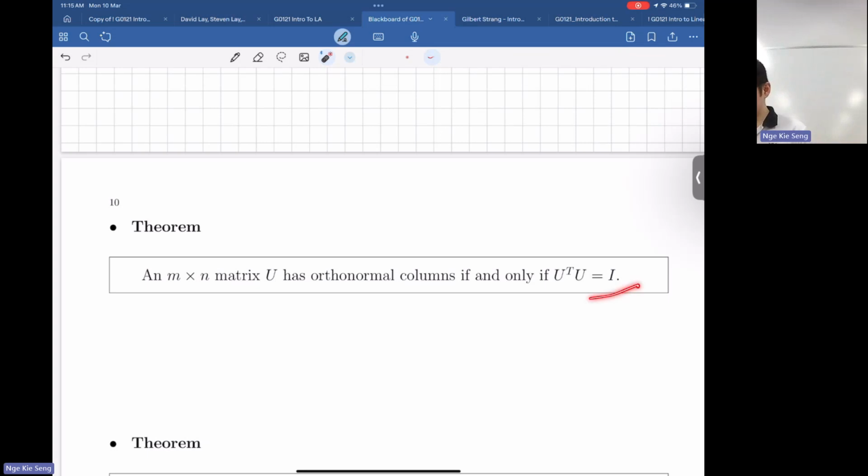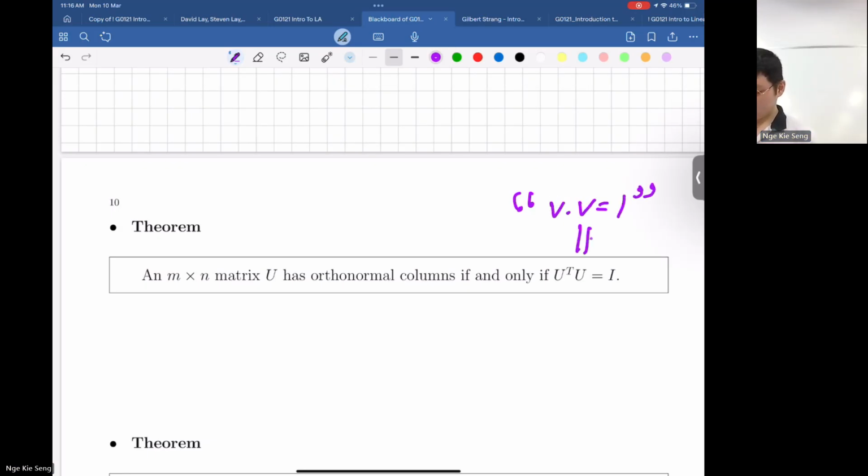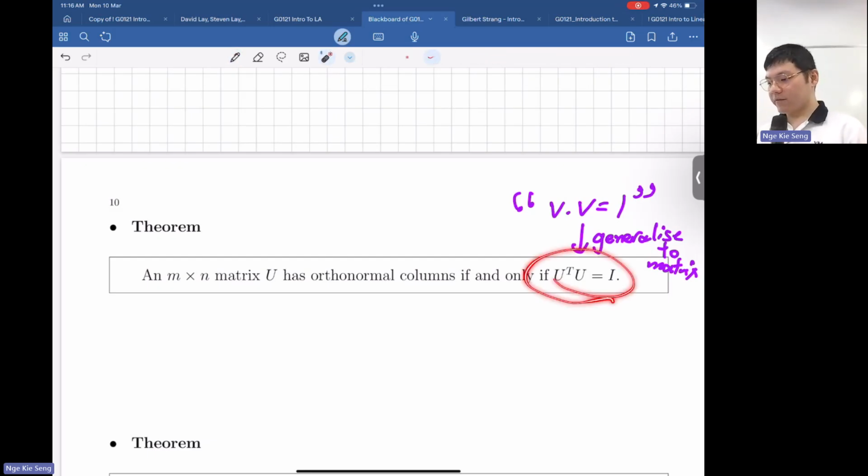Can you see here? If I can define a dot product of matrices, this is like the generalization of our v dot v equals 1, generalized to matrices. So a matrix says more than v dot v equals 1.